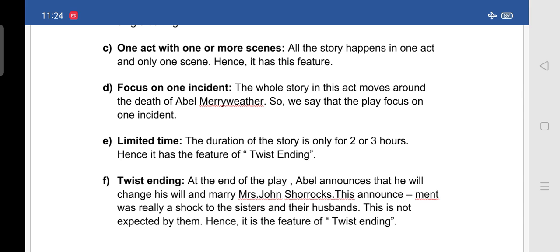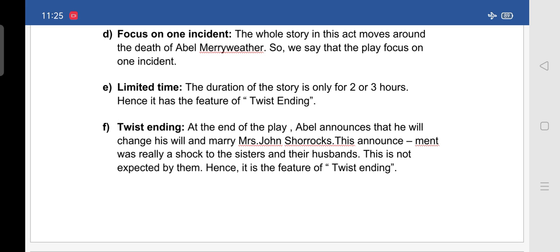So the story moves around the death of Abel Merriweather, and the duration of the story is only 2 to 3 hours. F. It has the feature of twist ending also.